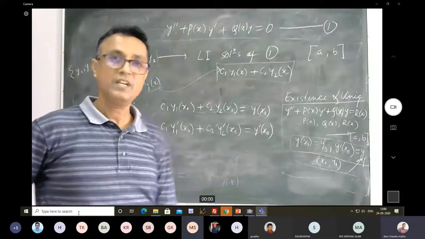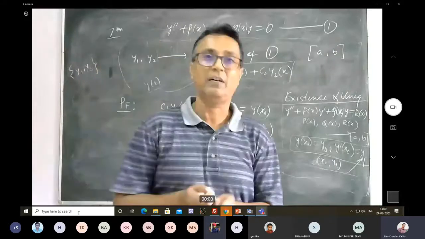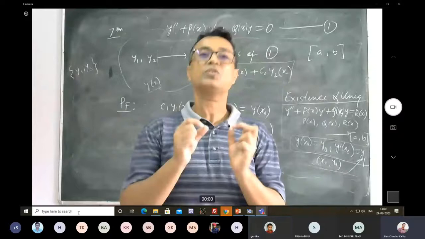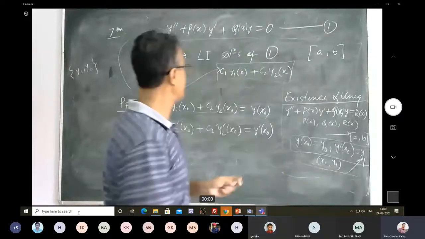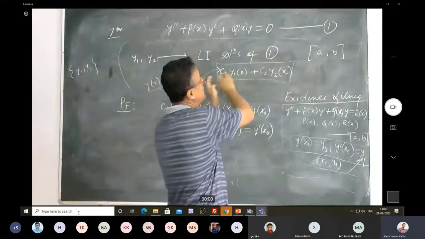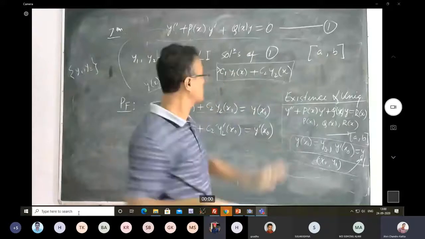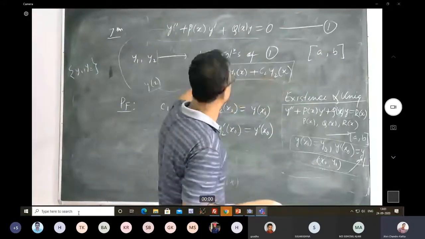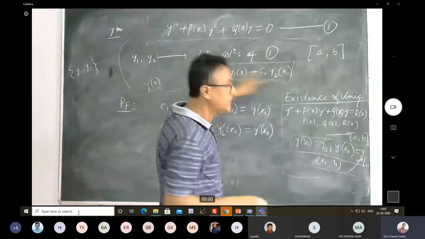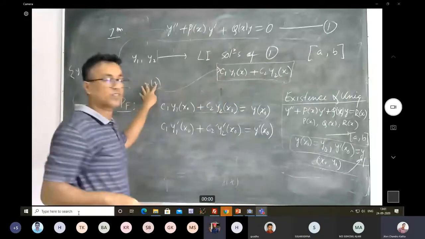So basically, we must be able to provide two constants C1 and C2 such that the linear combination coming out again becomes a solution. So I must be able to uniquely determine C1 and C2 in such a way that this combination is nothing but y of x.